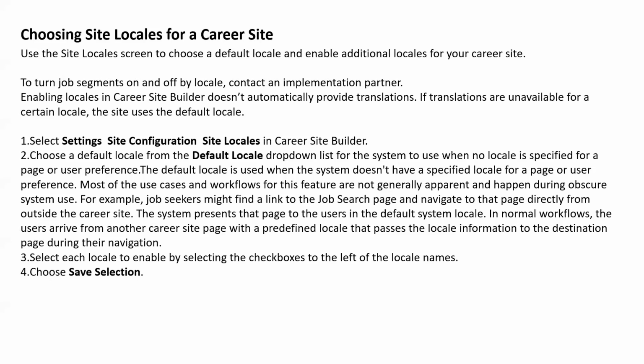Once you select that particular page or language, the corresponding options will appear. As a job seeker, I will be able to find a link to the job search page and navigate directly from there. So it's pretty easy and self-explanatory how you can configure or choose your site locale in the career site.